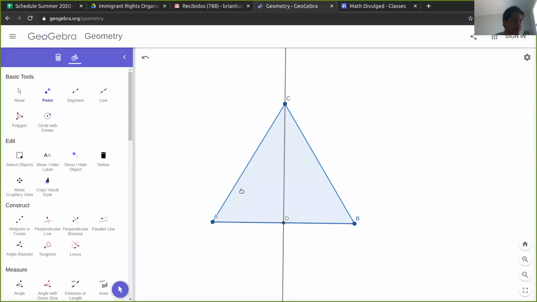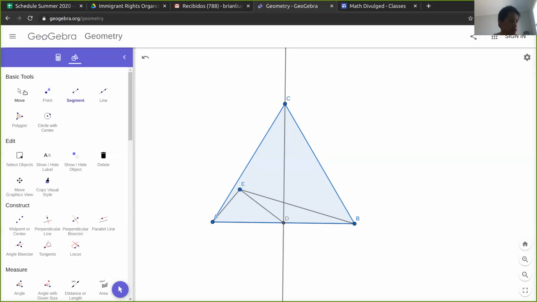And then suppose we have some point E, so that if we draw the angle EAD, this angle right here, this angle is actually equal to the angle EBC.